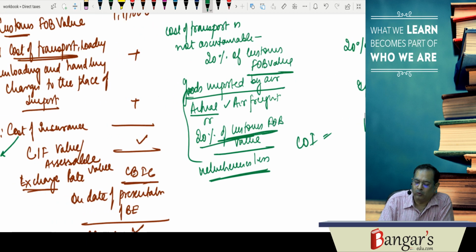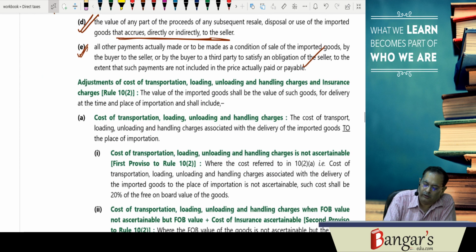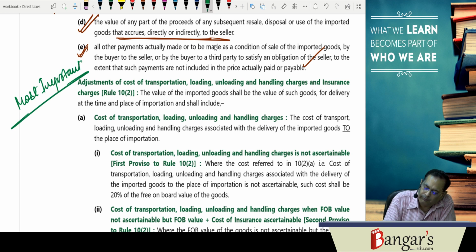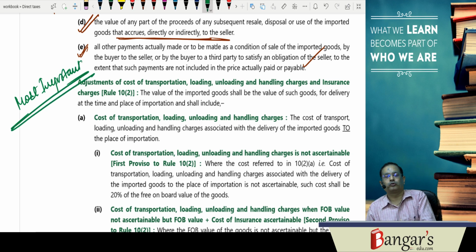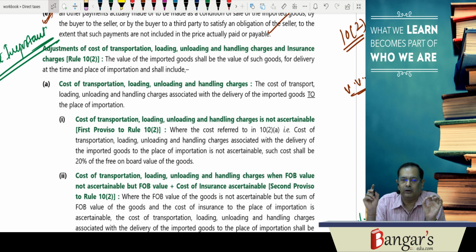So this is the most important aspect which we will be discussing now. This is the most important, because you can do the practical question only when you remember these adjustments. So here the value of the imported goods shall be the value of such goods for delivery at the time and place of importation, and shall include what?